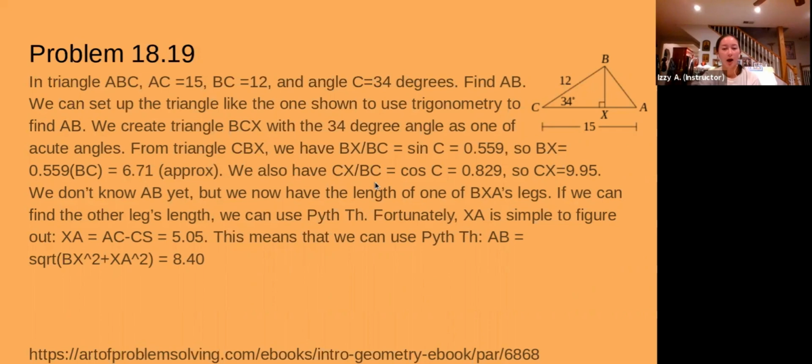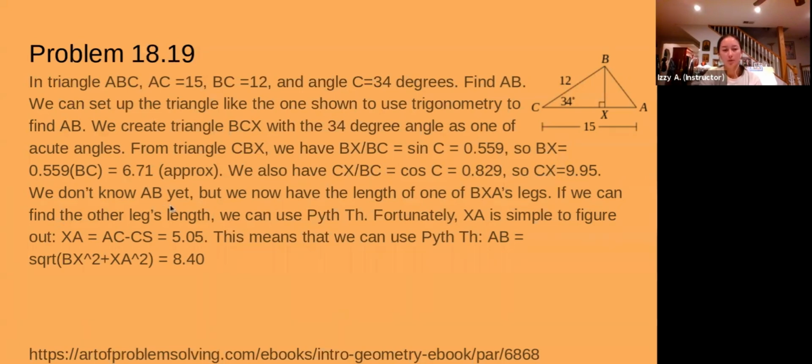We also have CX over BC, adjacent over hypotenuse, which is equal to cosine of C. Again, we can use our calculator to find that cosine of 34 is 0.829. If we isolate CX, we already know BC is 12, so we plug that in and get CX equal to 9.95.